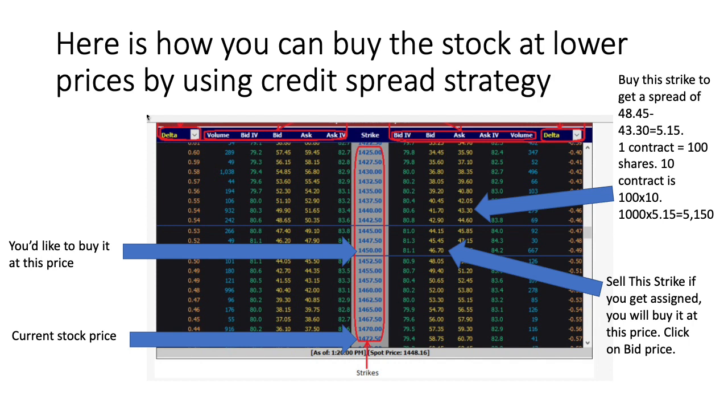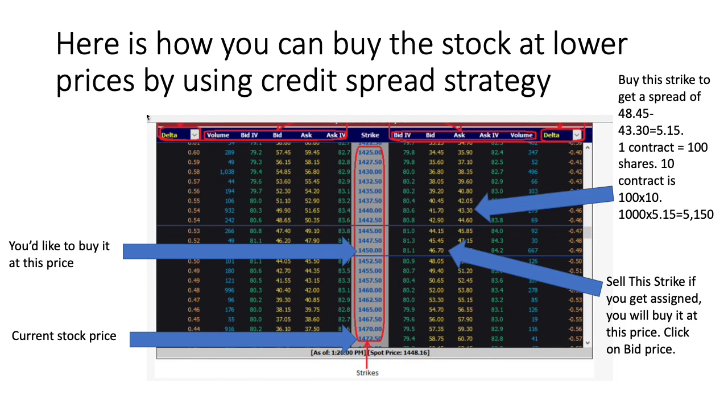That's when you buy the option. So short or sell the 46.70 and buy at $43.30. Therefore, when you do that spread, the price goes $48.45 minus $43.30.